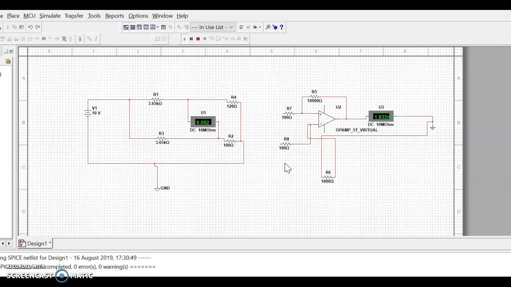So for a scale of 0 to 1, 120 will be 50%.